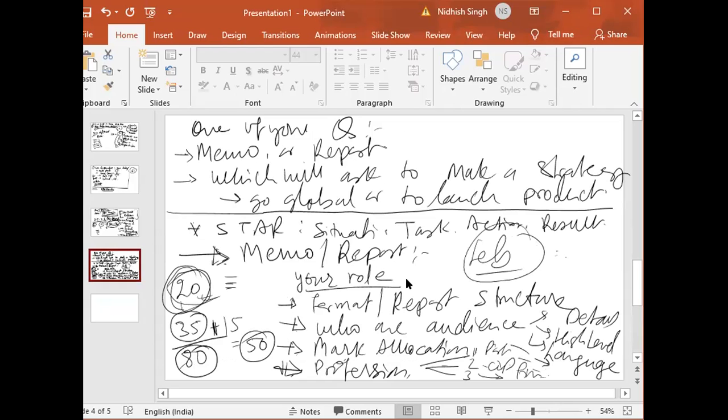Oh, okay. So STAR is basically for when you're writing a report or somebody has given you an international expansion scenario. For example, somebody said that you are the business head of one of the edtech companies in India called Harappa or something like this.